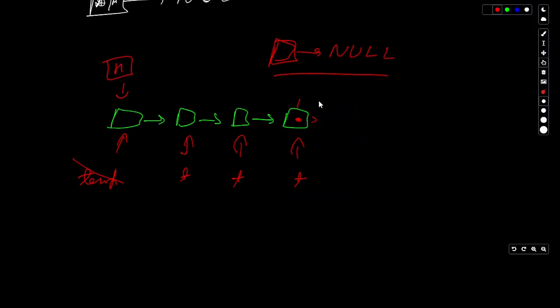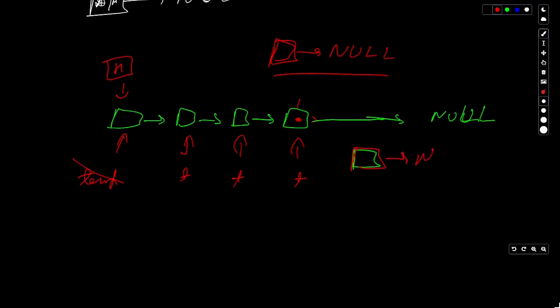If this is the last node, let's say, its next is null. What we want is to add this particular node to the linked list at the very last.